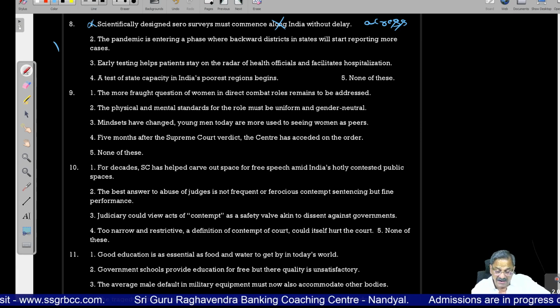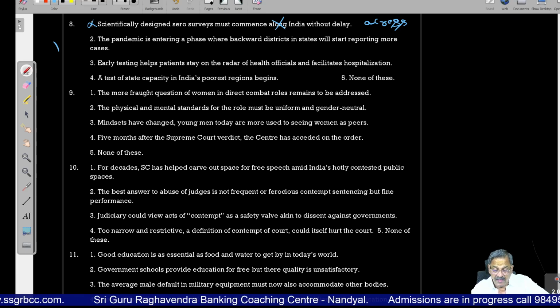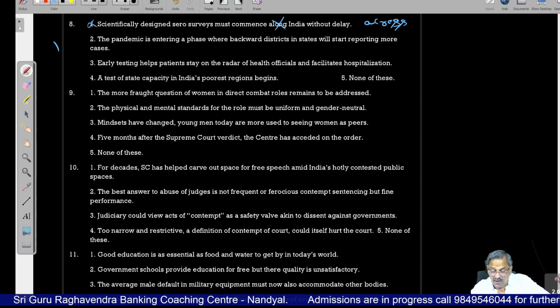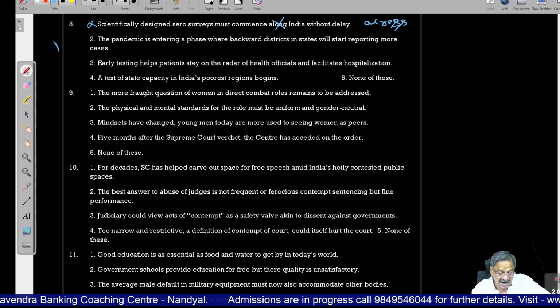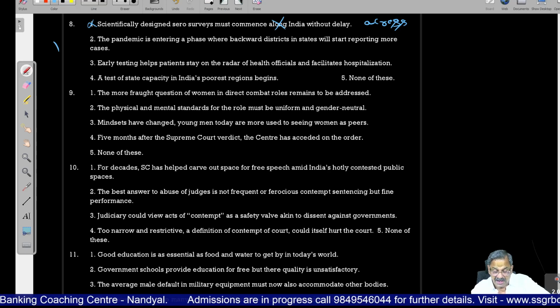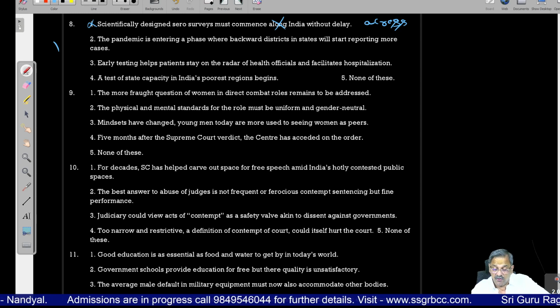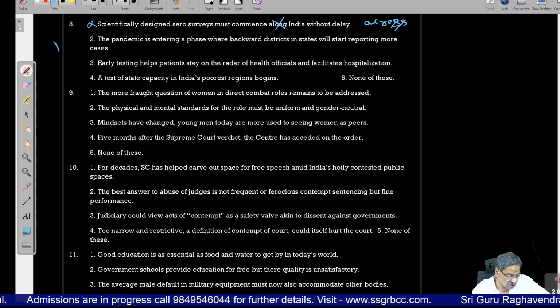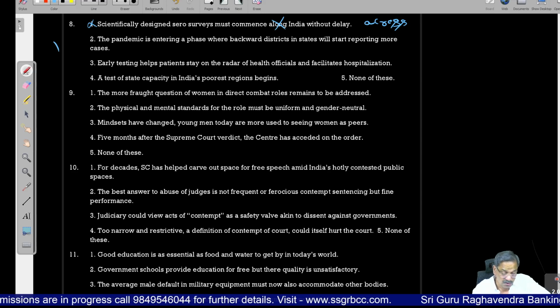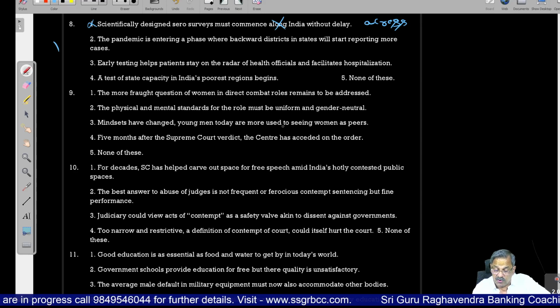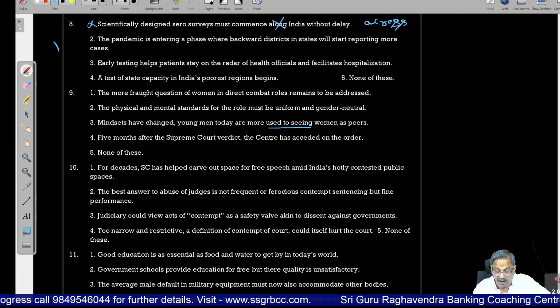The physical and mental standards, but the role must be uniform and gender neutral. Mindsets have changed. Young men today are more used to seeing women as peers. Used to seeing, used to. Afterwards, you may use the ing form.